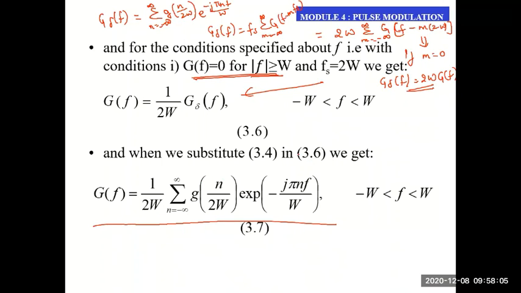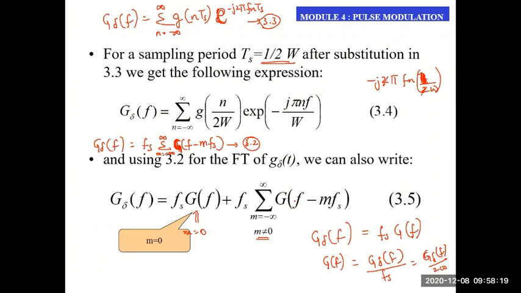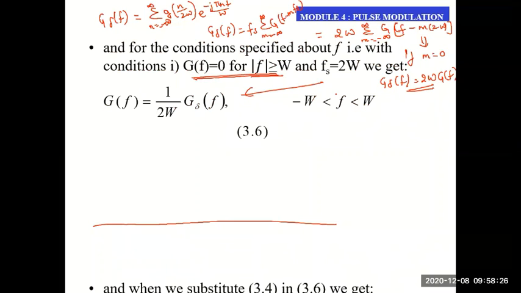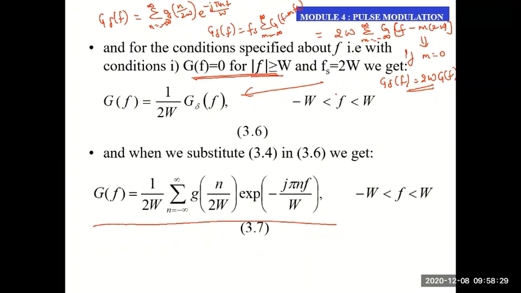Now, as we said, substitute 3.4 in 3.6, you get this equation for G of F. Please see here, this is 3.4, G delta of F expressed in this form, and 3.6 is the expression for G of f. So I'm just taking this substitution, writing this equation for G delta of f. I'll get this.